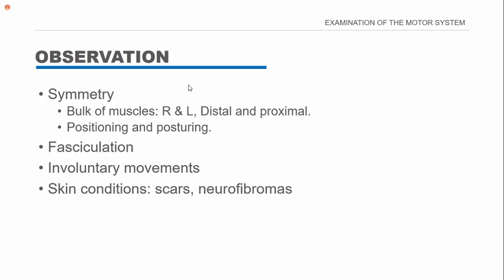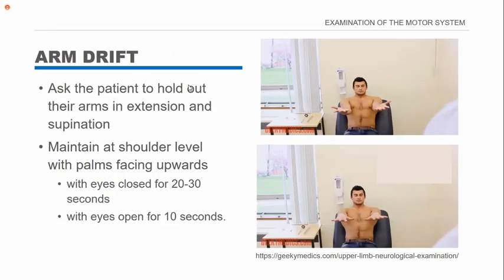In symmetrical peripheral neuropathy, such as diabetic neuropathy, you usually find symmetrical wasting and weakness on the two sides. But in hemiplegia, you see weakness on one side and not on the other side. Then you also look for fasciculations while you are observing, and you look for involuntary movements. You also look for skin deformations.